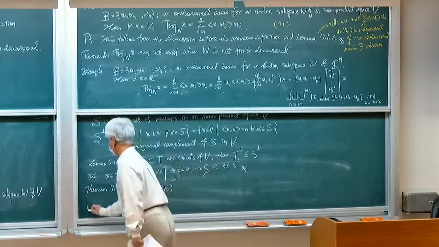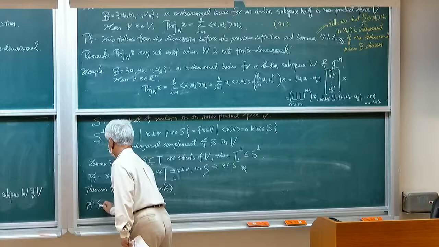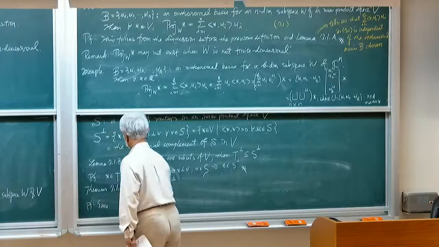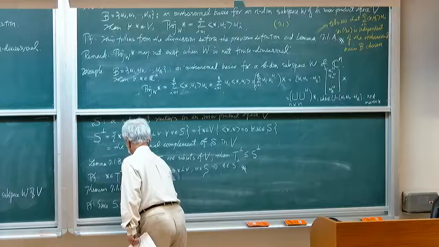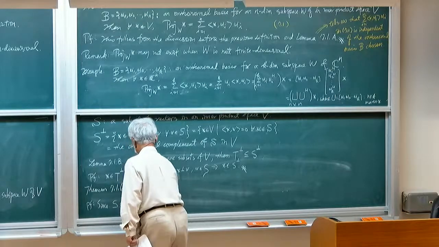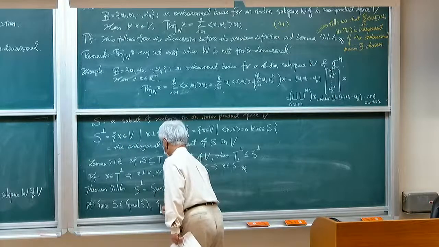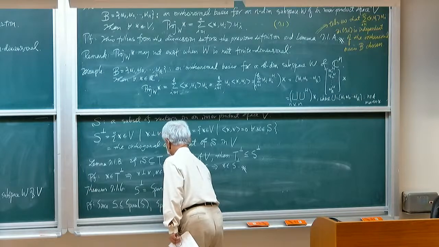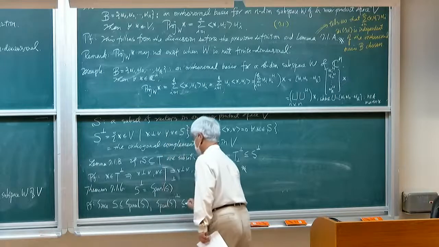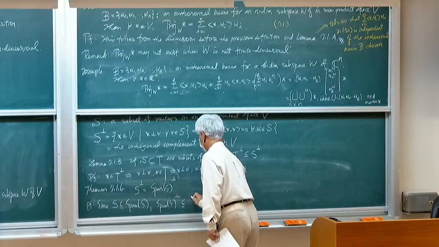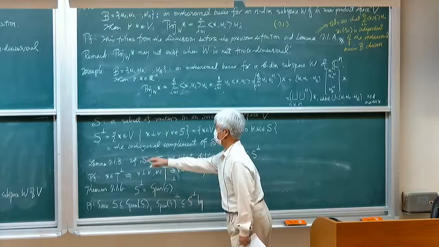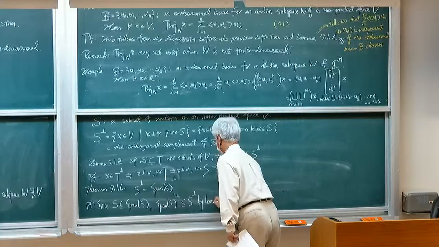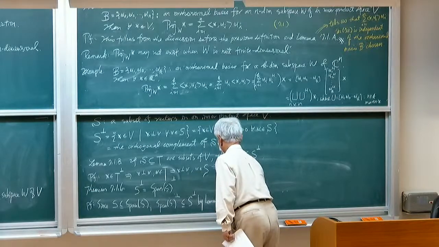The proof is that since S is contained in the span of S, the orthogonal complement of the span of S should be contained in S perp by lemma 7.1.b.